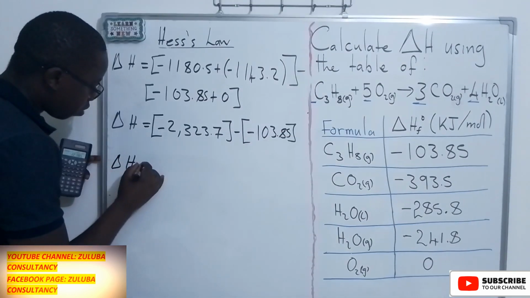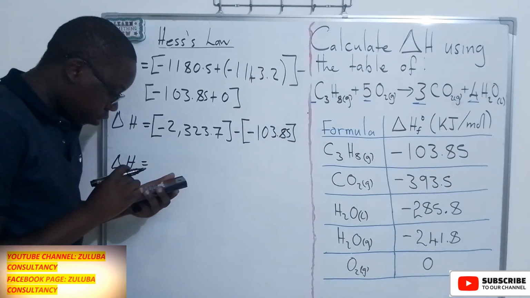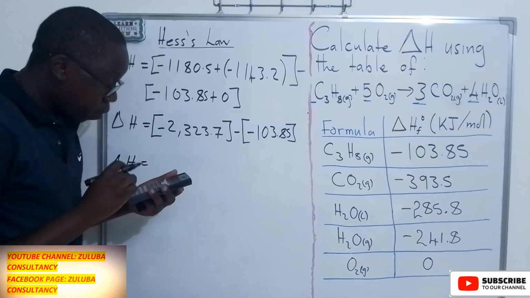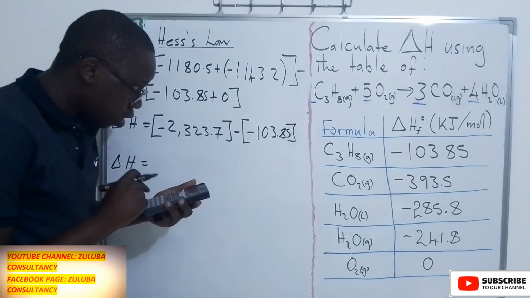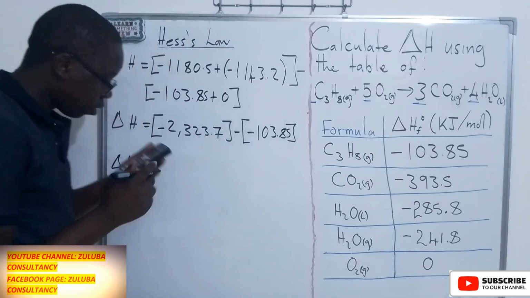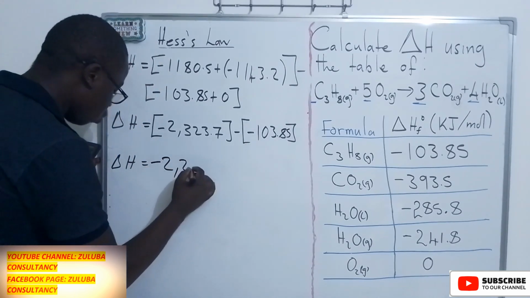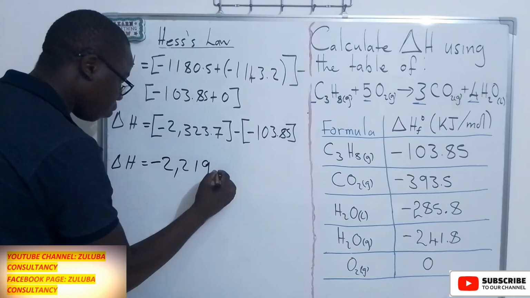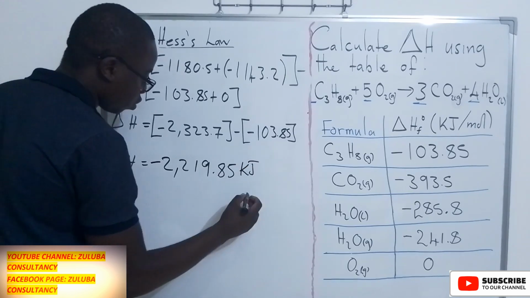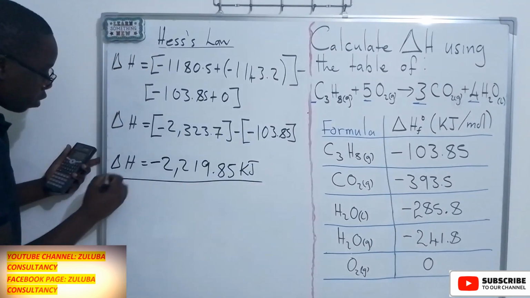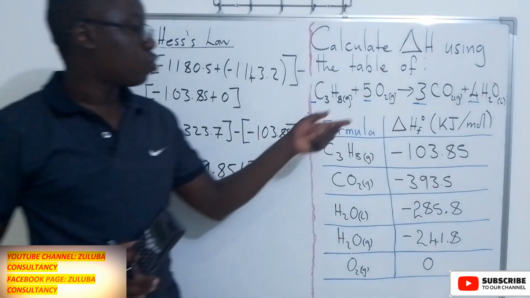Change in enthalpy is equal to negative 2323.7 minus negative 103.85. It is giving us negative 2219.85 kilojoules. So this becomes the change in enthalpy of this equation.